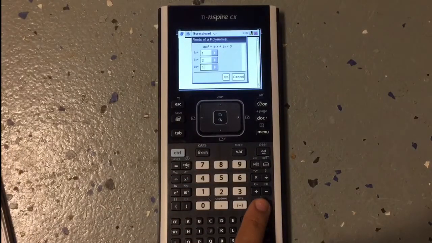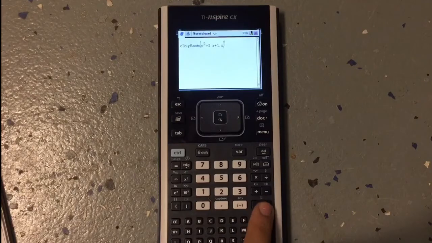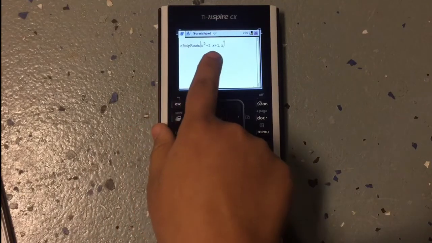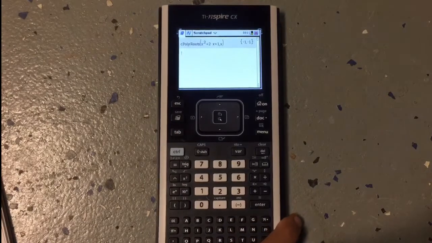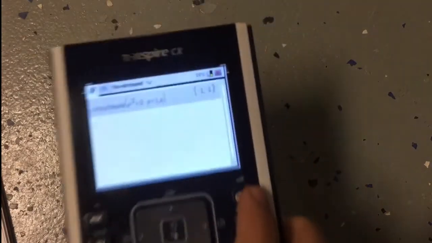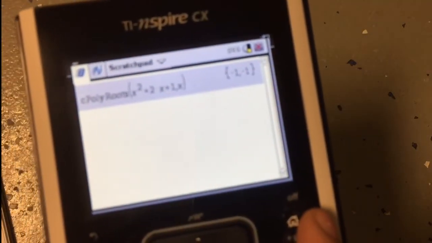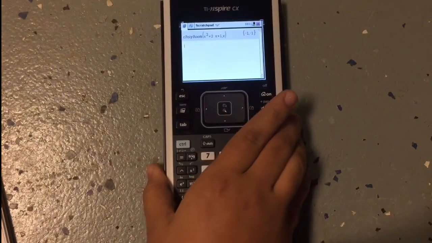So after that, you just press Enter twice, and again, just check that the coefficients are correct, and it gives us the solution. In this case, it just gives us -1 twice, which means that there's only one root, and that is -1.